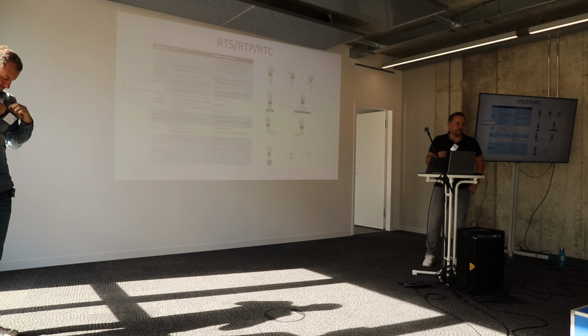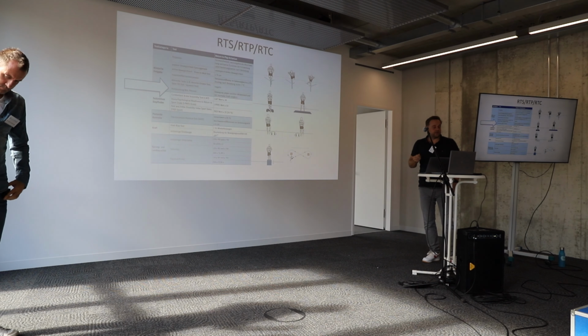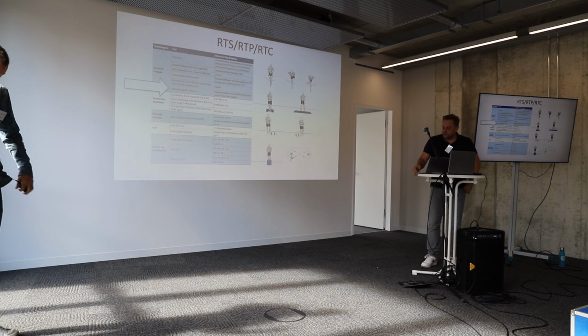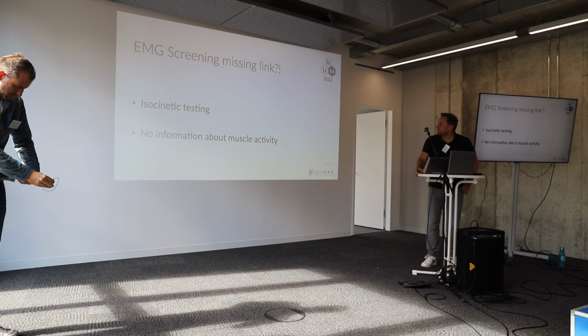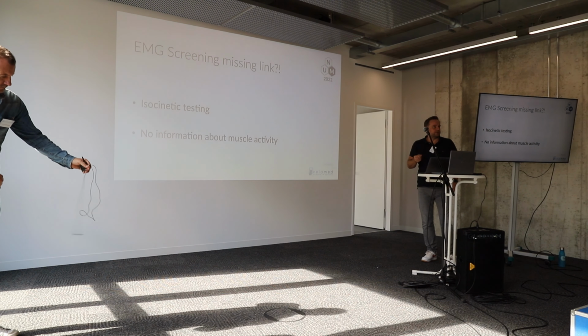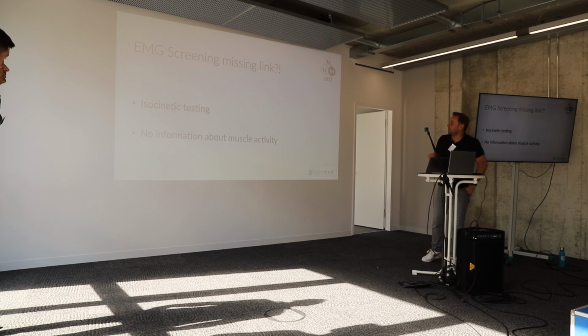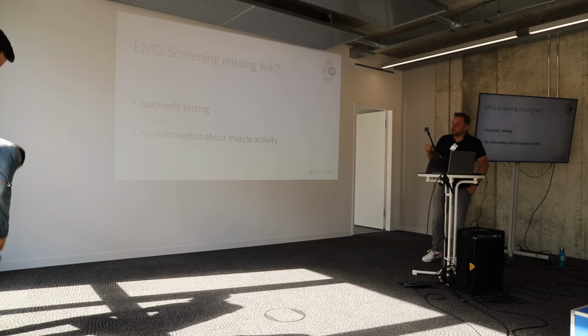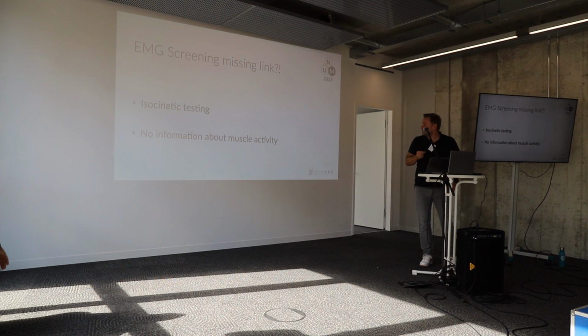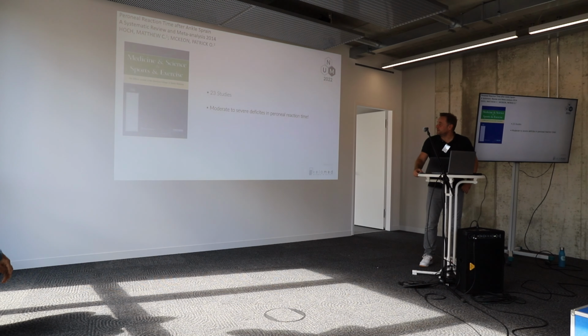And if you don't have an isokinetic measure possibility, it's pretty hard to know when the player is game ready. So, in my opinion, the EMG screening is the missing link to get them properly back on the floor, because we have no information about the muscle and muscle activity with the protocols we are dealing with.